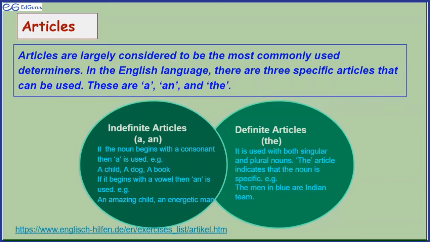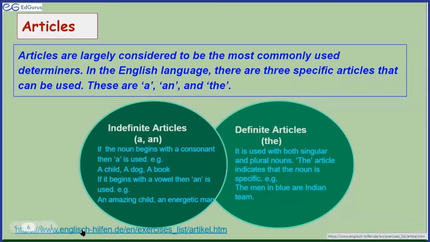Why "the men in blue"? One thing is that they are plural, and secondly, it refers to the specific men who are wearing blue. So that's how it is a definite article. Is that clear? Yes, ma'am. Any doubt about articles? No, ma'am.